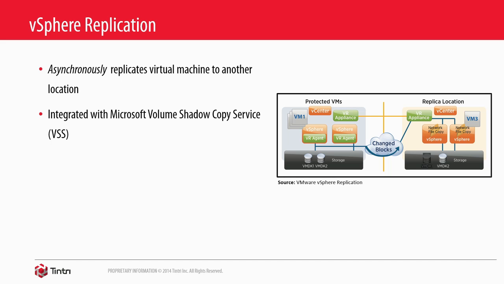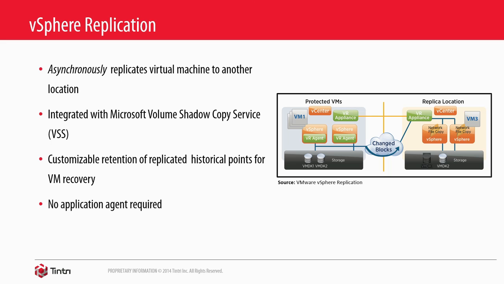You can replicate it, right? It's customizable. You have your retention of replicated historical points for VM recovery. So I believe this is up to 24 recovery points, right? And every 15 minutes, there's the replication by default, right? There's no application agent required, so it's very easy to use, right?